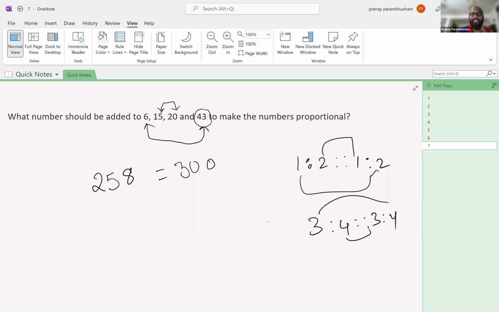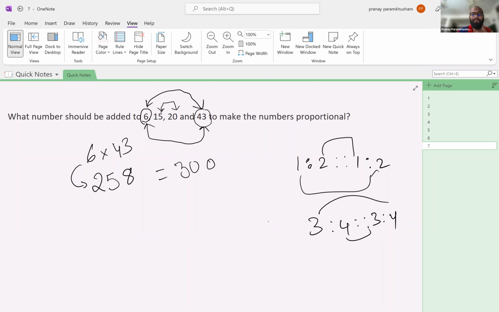See, 6 is there here, right? 6 and 43, when you try to multiply, Gautam, you got 258, right? Now we need a 300 here. So, whom you want to change?